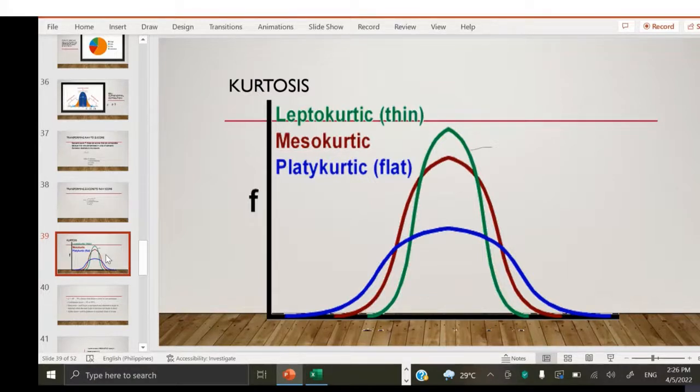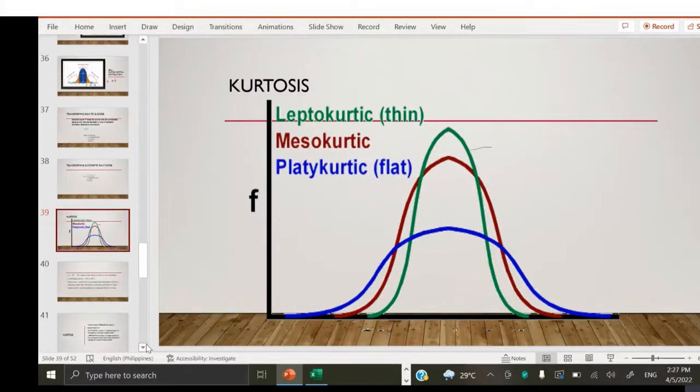So there are considerations in the use of this data. You have to test the normality of your data by looking at the kurtosis and the skewness of your data. So this is only a visual representation of how it is in your normal curve.